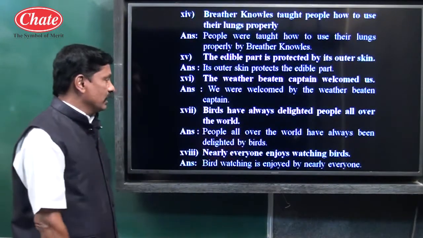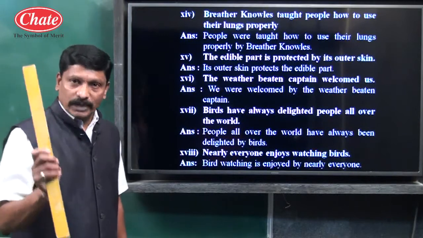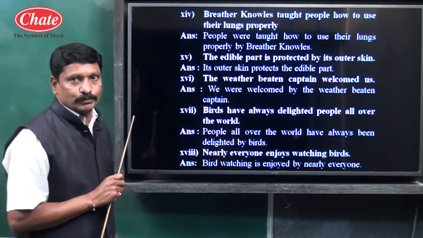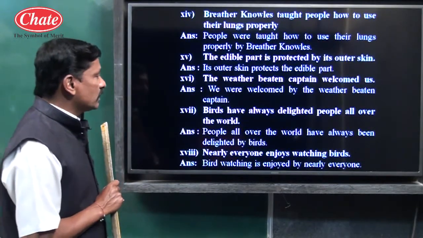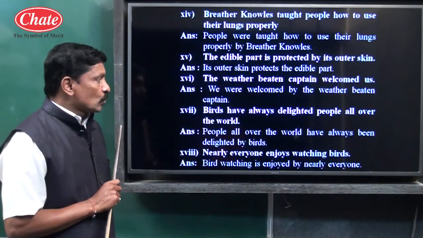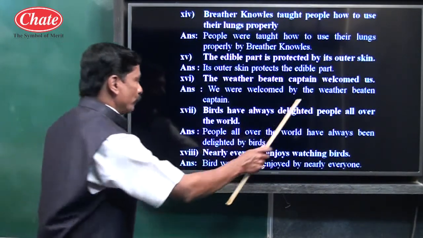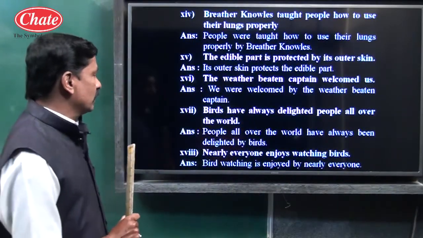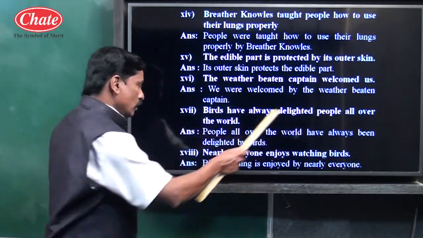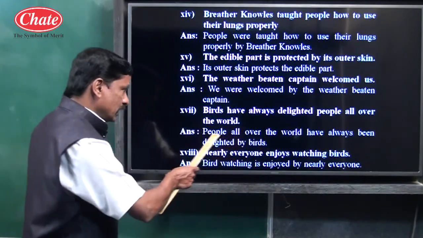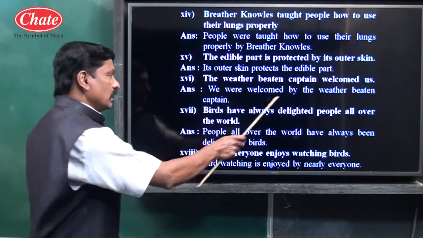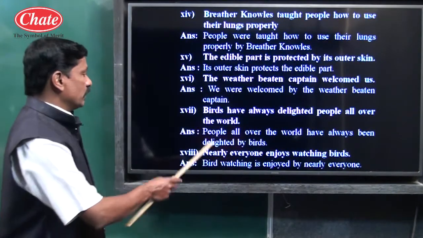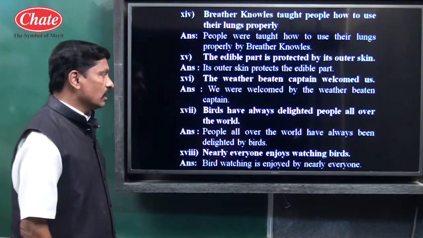So example number 18 is in present perfect tense active voice. We have to convert it into passive voice. So we have to first find out the object. Birds have always delighted. Whom have the birds always delighted? People all over the world. So children, people all over the world is an object. In the example, people all over the world works as object. That object becomes subject here. People all over the world.